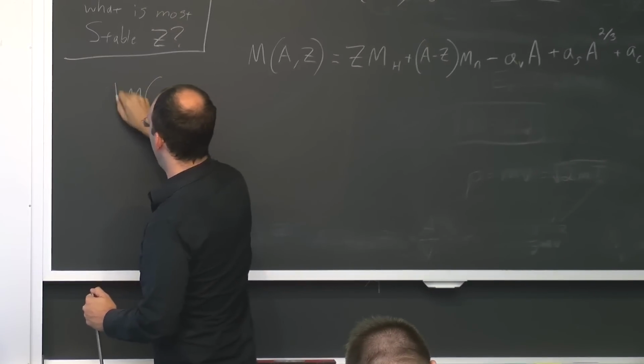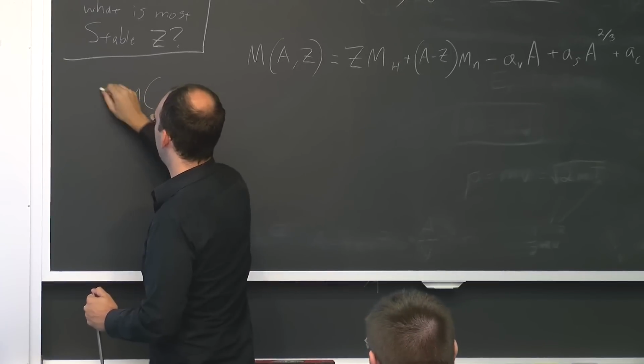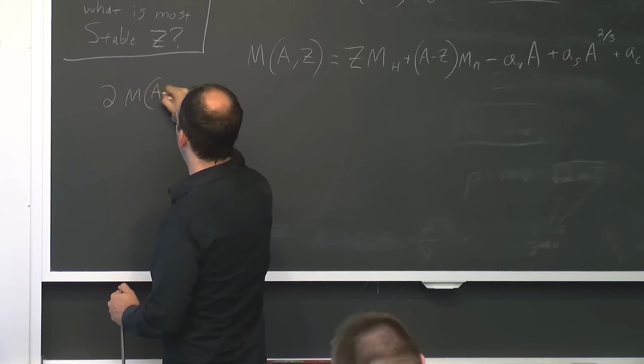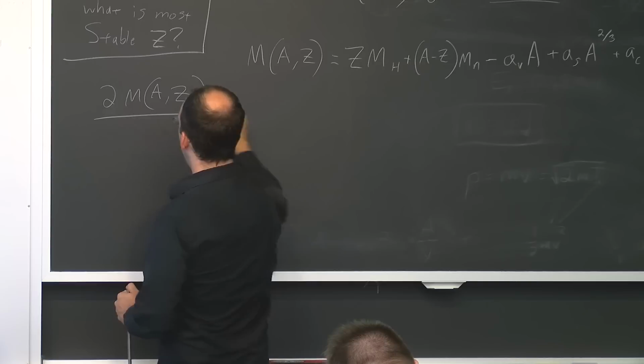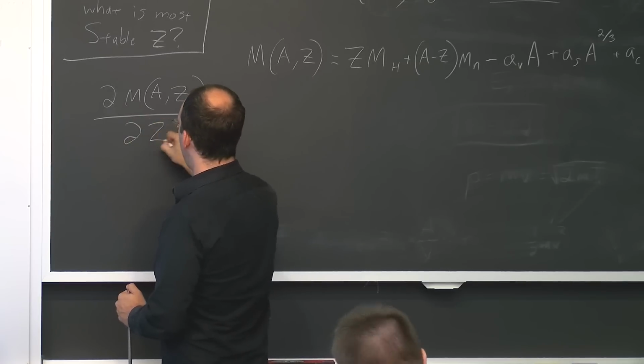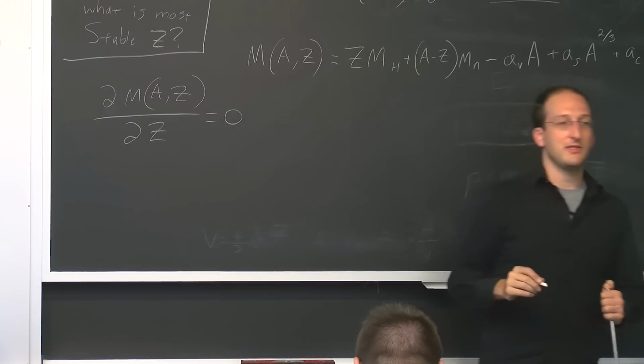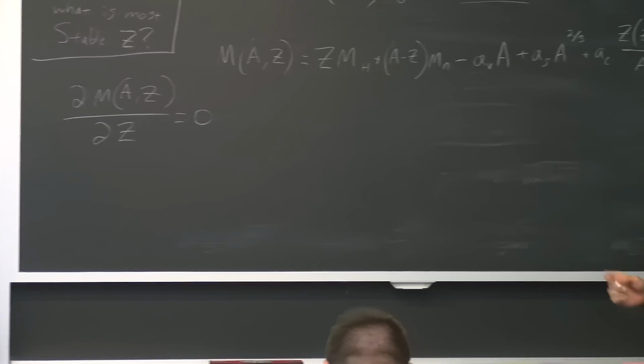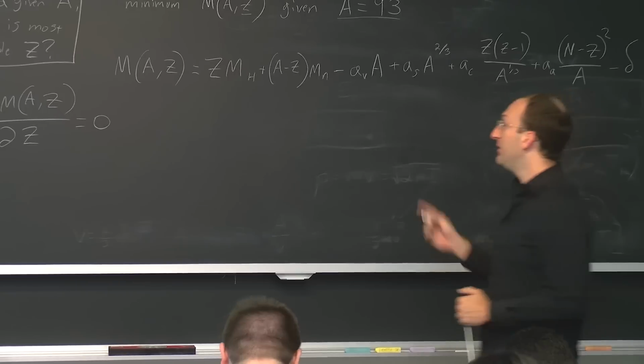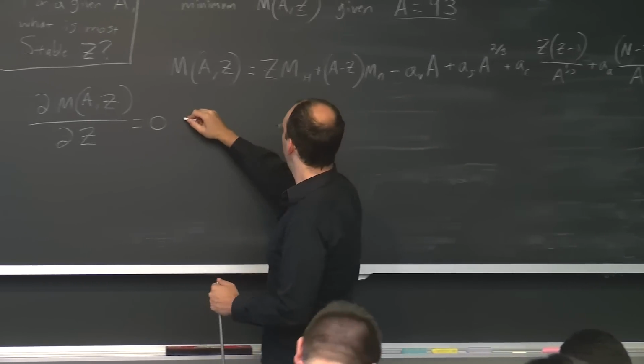We'll just say the derivative of, oh no, it is a partial derivative because we have two variables here. Take the derivative as a function of Z, set it equal to 0. This will give us the Z number that gives us the minimum mass for a fixed A. So let's actually do this right now.